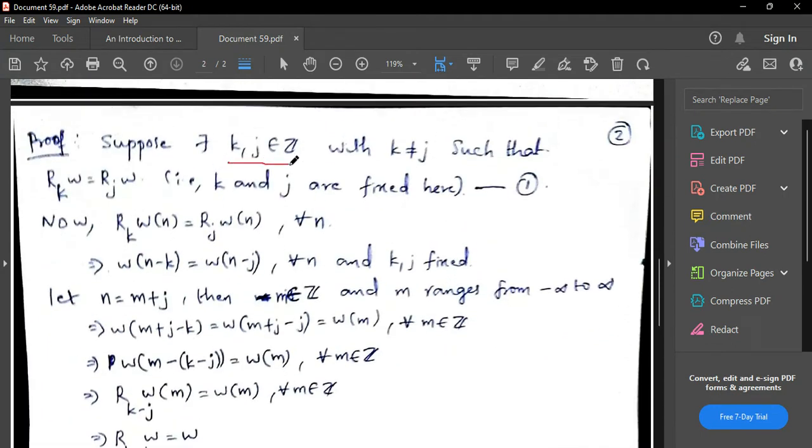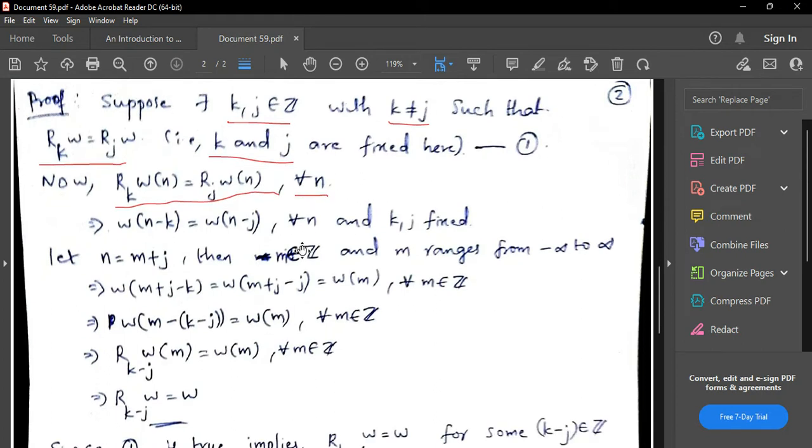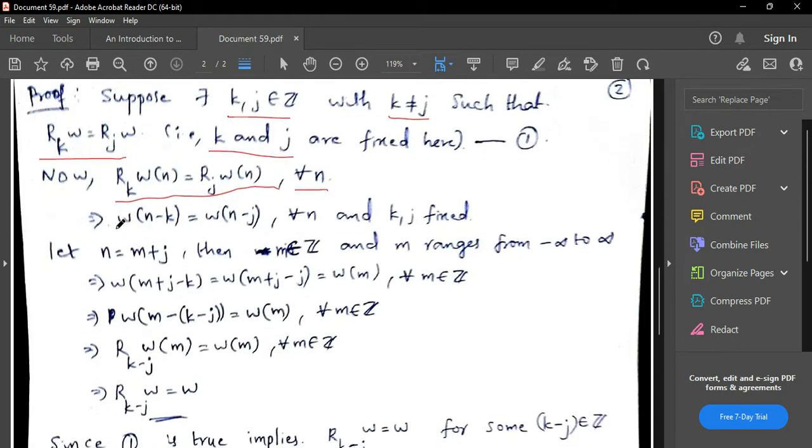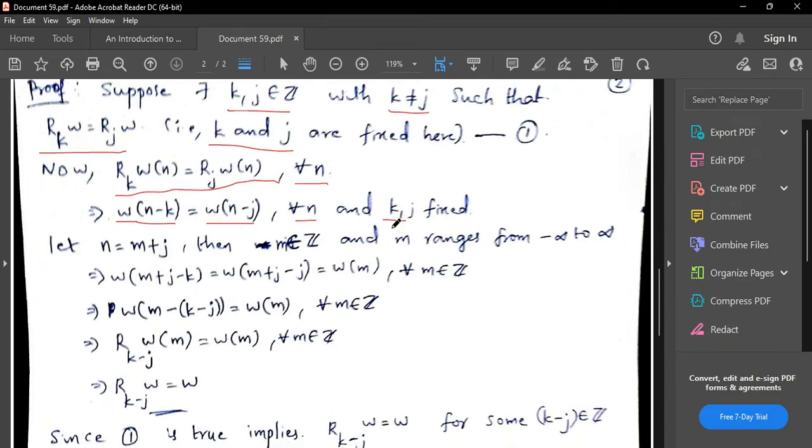And suppose there exist k, j belonging to z and k not equal to j such that r_k w is equal to r_j w, with k and j fixed here. Now r_k w of n will be r_j w of n, that is, we have taken for all n. What is the definition of r_k w? w of n minus k will be equal to w of n minus j for all n, with k and j fixed. Now this n is taken as m plus j, because k and j are fixed here, and m is running, so n will be running, and m belongs to the integers, ranging from minus infinity to infinity.